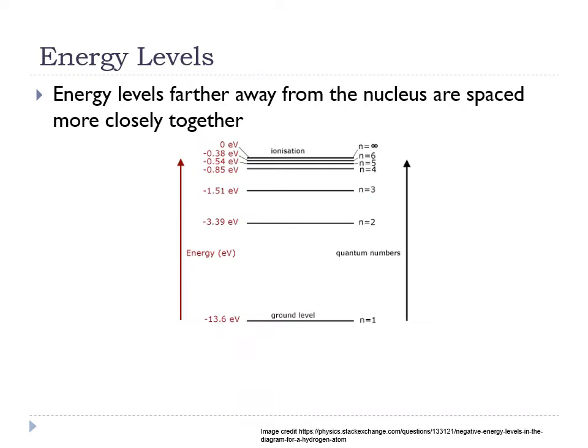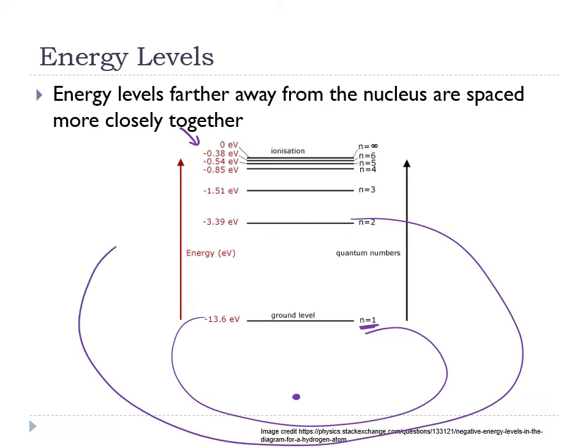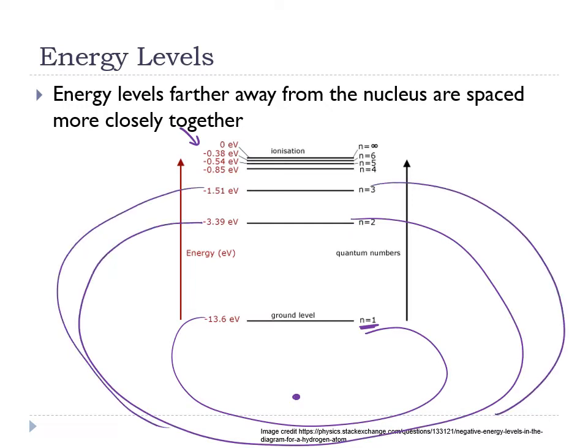This is showing us how much energy these guys have. Ground level is energy level number 1. So imagine the nucleus is here, and then here's that first energy level, and then that next energy level. This is just a tiny little sliver of the whole entire energy level.